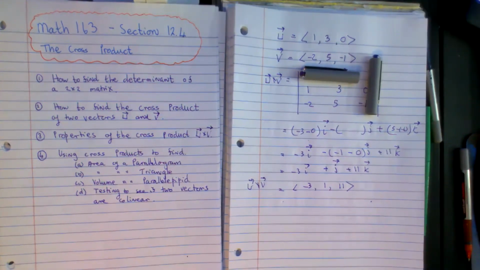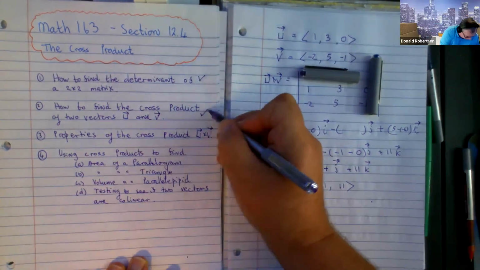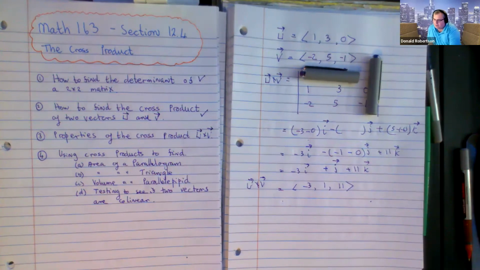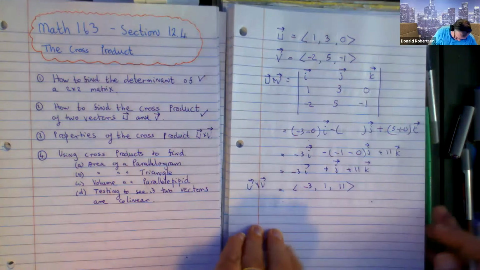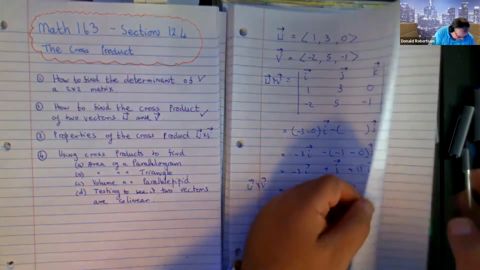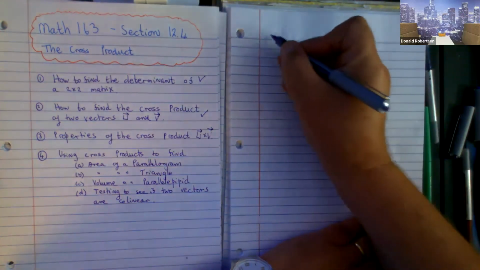Okay, so we can check that off our list. Have we done enough of them? You feel comfortable that if you got two vectors, you could do the cross product, right?